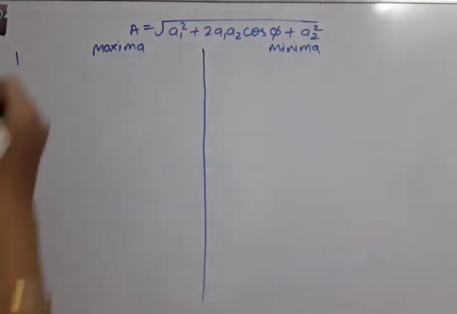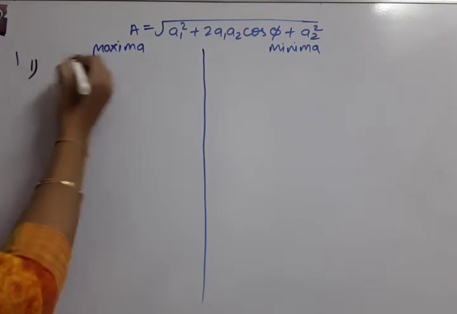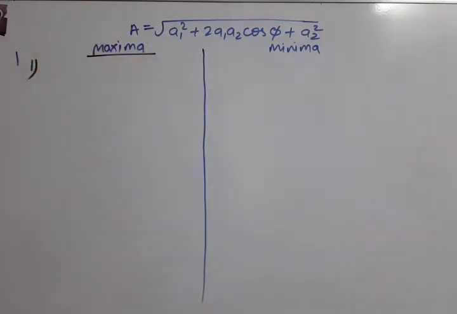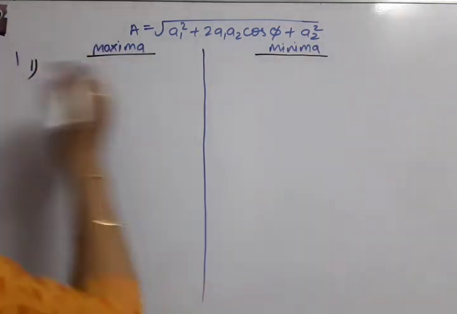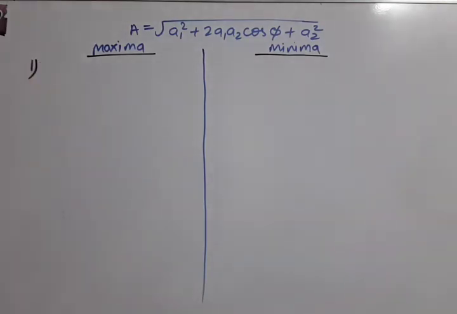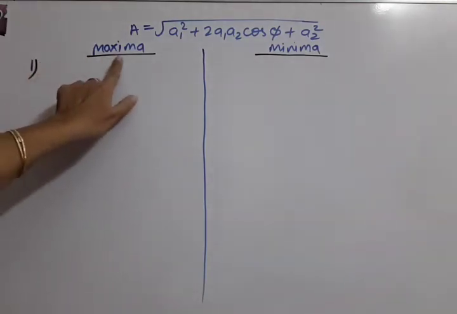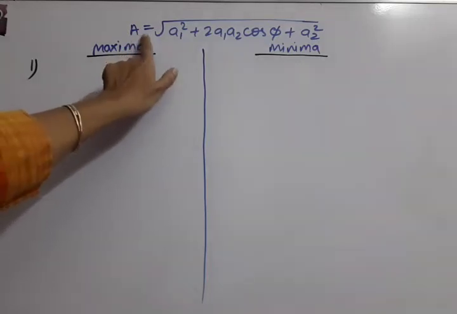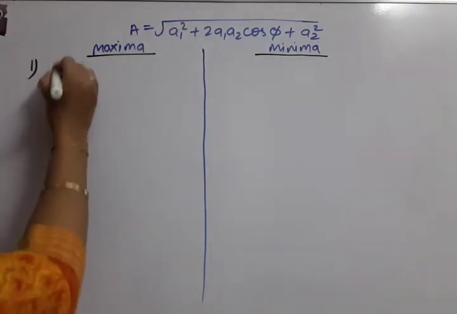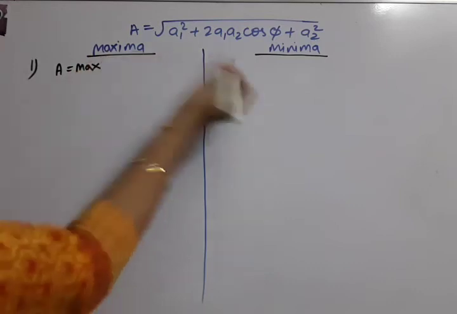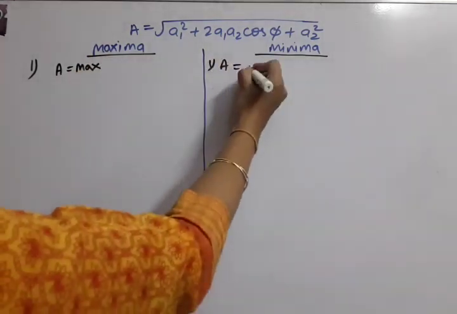Let us start now. We need to write all possible points for maxima and minima. First of all, we want the maxima. That means we want the points on the screen where we get maximum amplitude. So we have to make the amplitude maximum, and for minima, we have to make the amplitude minimum.